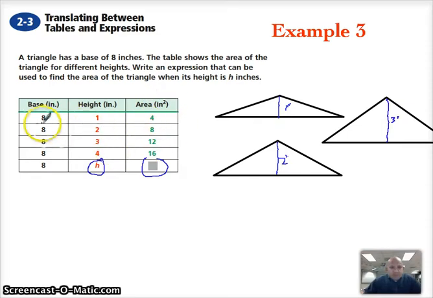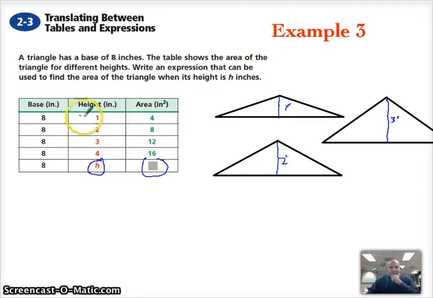When we go over to this, we see that we have an 8 and a 1, and we get an area of a 4. Here we have a height of an 8, and our area is 8. Base here is 8, height here is 3, and we get a 12.